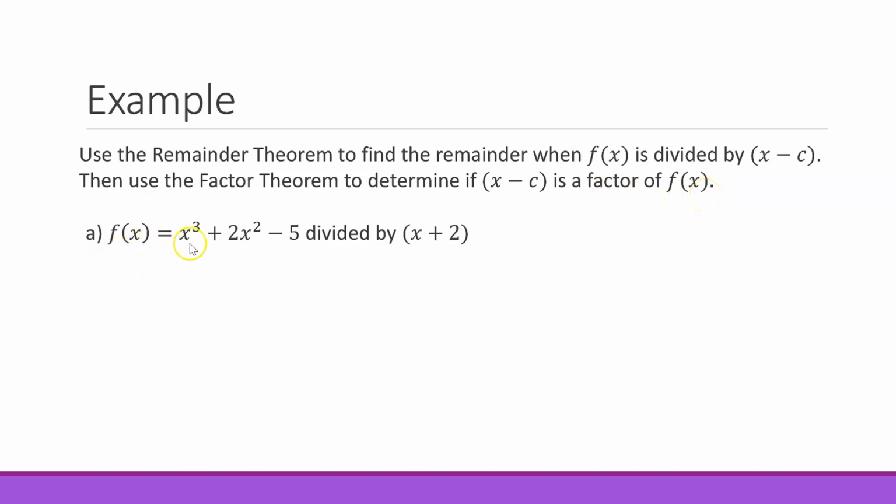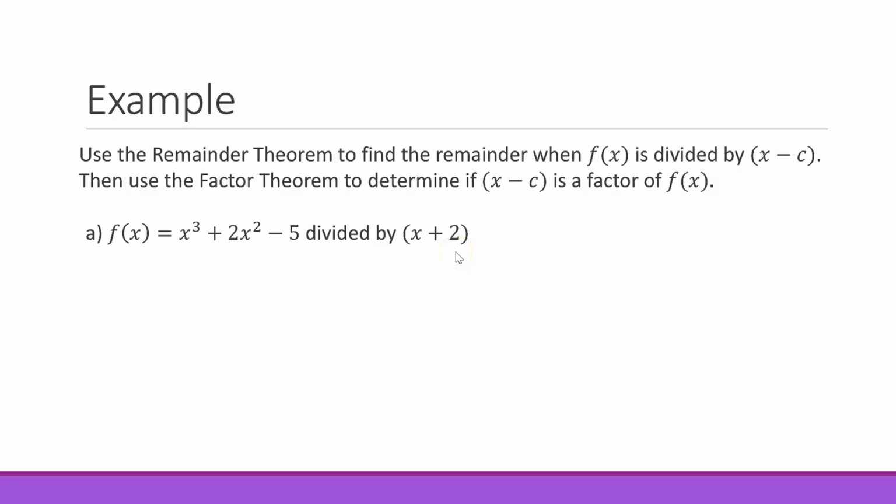In part A, f of x is x cubed plus 2x squared minus 5, and it's being divided by x plus 2. So here, the value of c is the value that makes this linear factor equal 0. So here, one way we could think about it is if I set x plus 2 equal to 0, I would subtract the 2 to the other side.